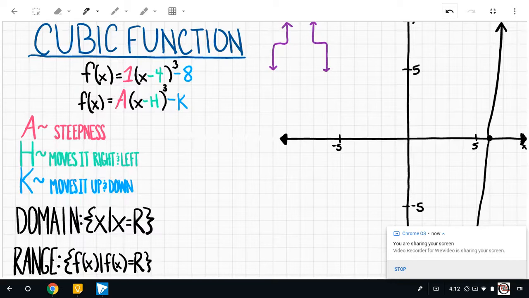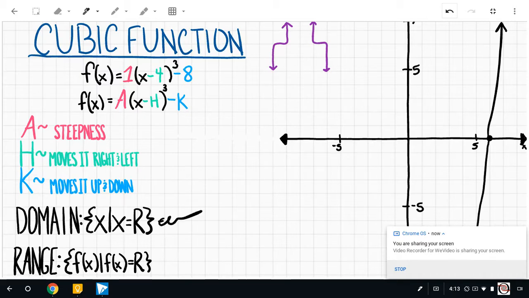Okay, to the fun part. Let's talk about domain and range. If you don't know what domain and range are, domain is the x values, and range is the y values, or f of x. The cool part about cubic functions is that domain and range are always all real numbers.